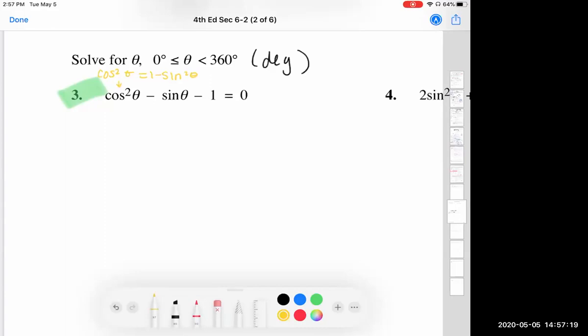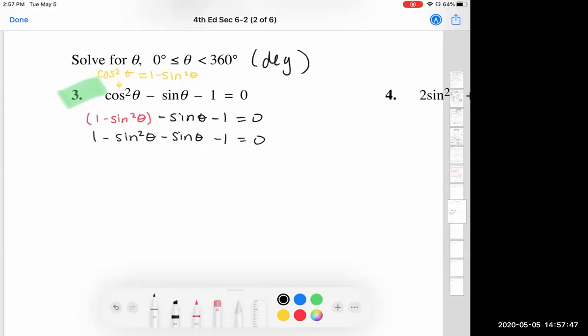So let's make that substitution, so that I have 1 minus sine squared theta minus sine theta minus 1 is equal to 0. We're not multiplying, so we can just drop those parentheses. So I have 1 minus sine squared theta minus sine theta minus 1 is equal to 0.